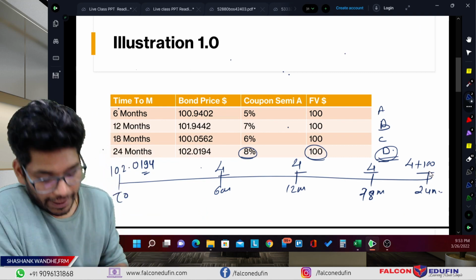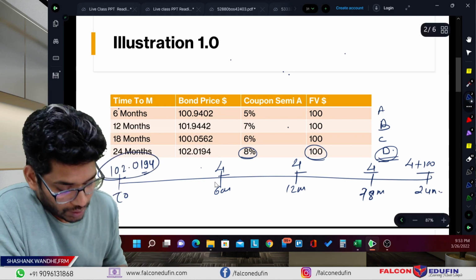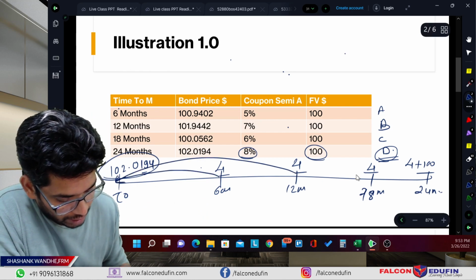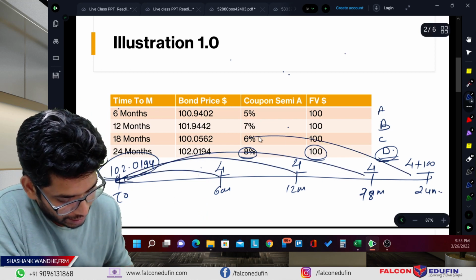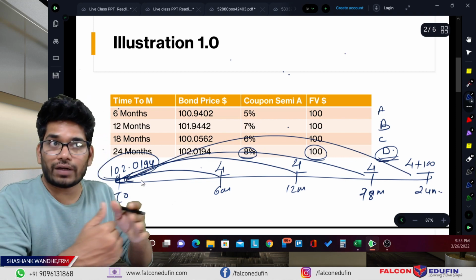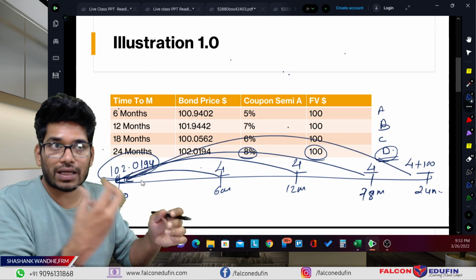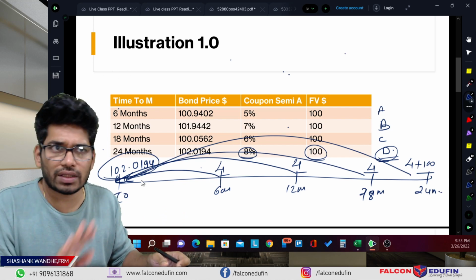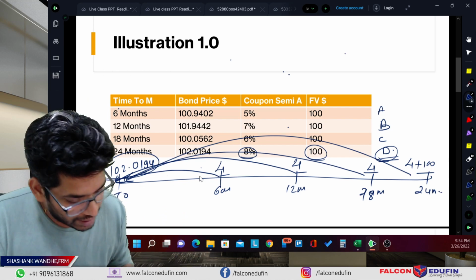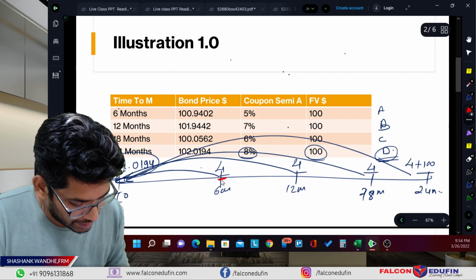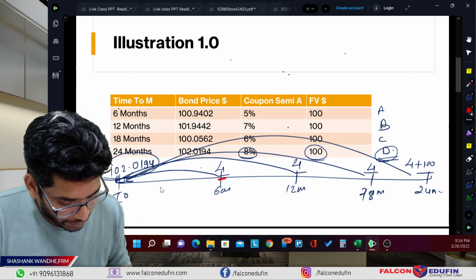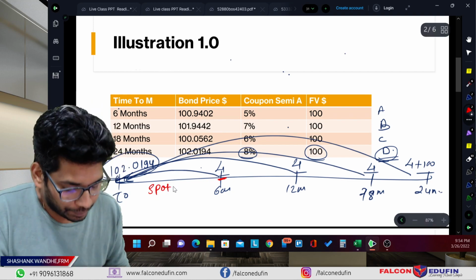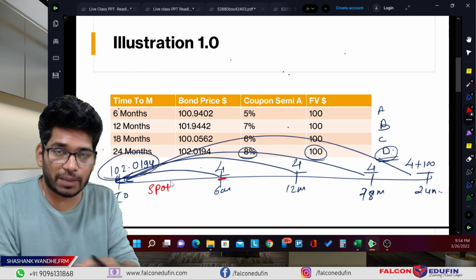Now, how do we arrive at this particular price? We simply discount these 4 cash flows and then sum them up, and you will get the price of the bond. It is as simple as that. For discounting the first 6 months cash inflow, we use the spot rate, since the information is absorbed in the bond price.